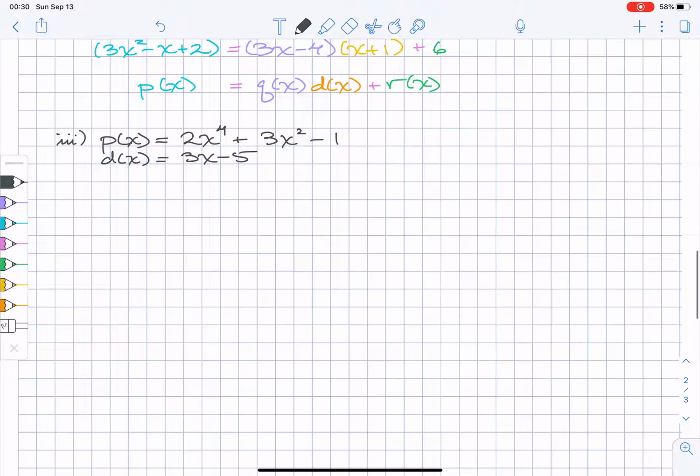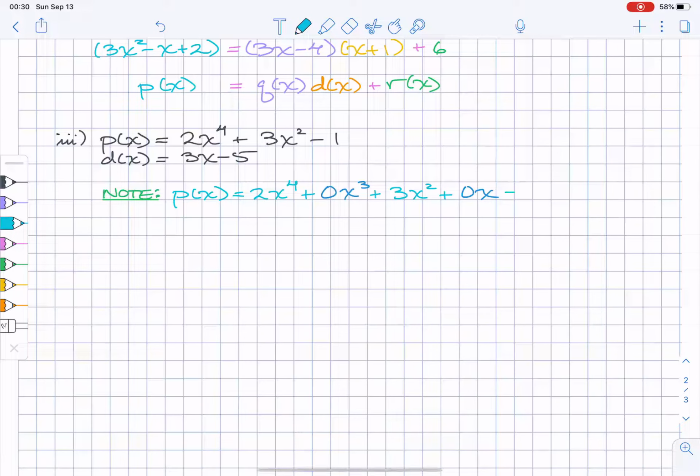Okay, so we have to note p of x is actually 2x to the fourth plus 0x to the third plus 3x squared plus 0x minus 1. So we need to account for every power of x from highest to lowest.